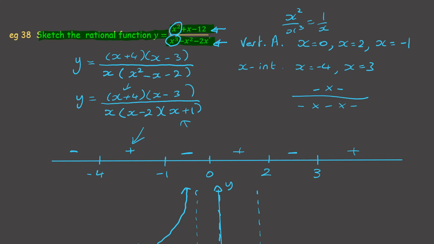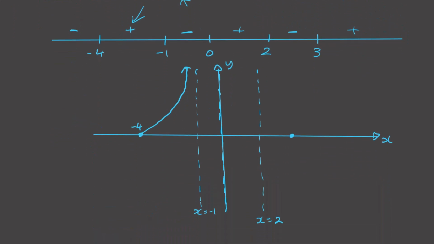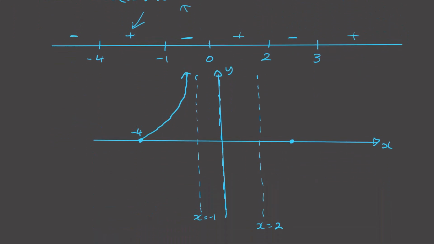As x gets very, very big, that must head towards 0. So the x-axis is going to be a horizontal asymptote. Now the only way this can work is that that must come under there, have a minimum value, and then come back up towards the asymptote.